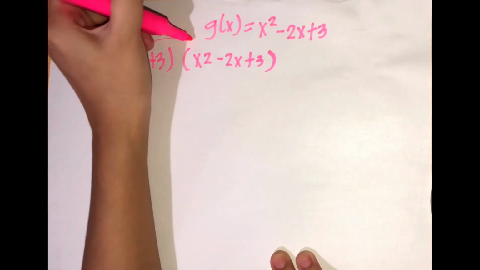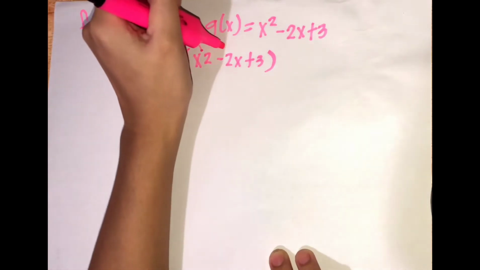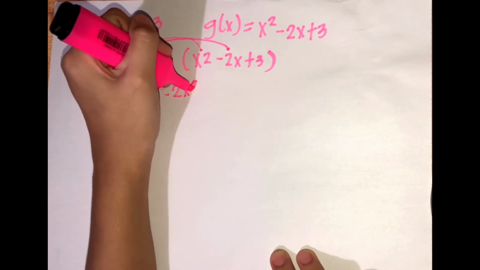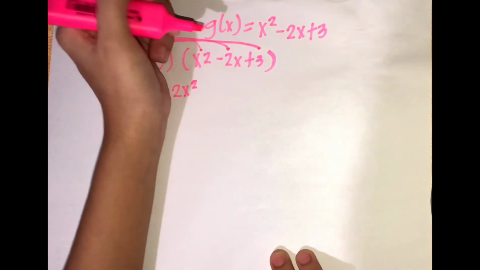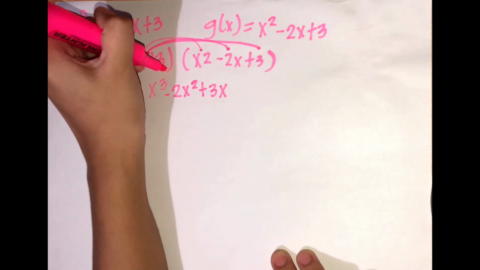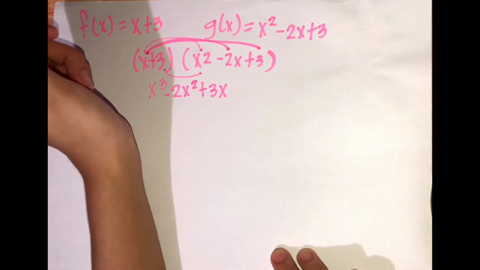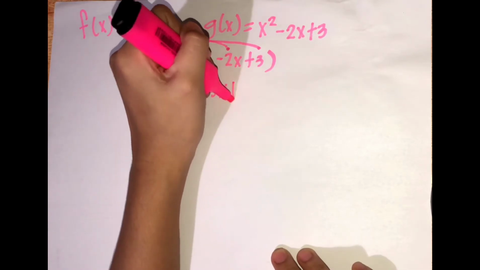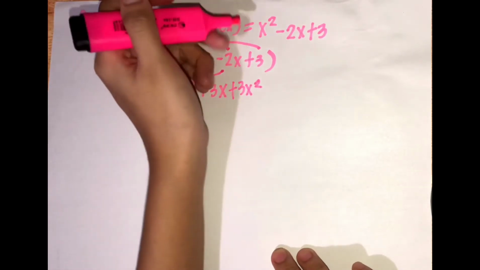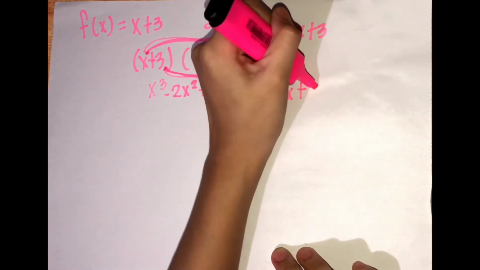First, x times x squared is equal to x cubed. x times negative 2x is equal to negative 2x squared. x times 3 is equal to positive 3x. 3 times x squared is equal to 3x squared. 3 times negative 2x is equal to negative 6x. And 3 times 3 is positive 9.